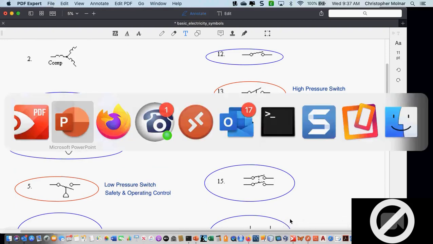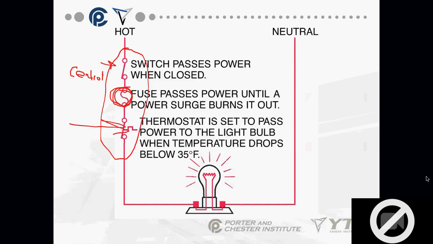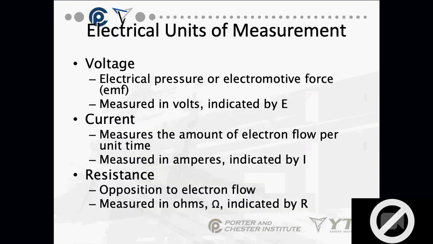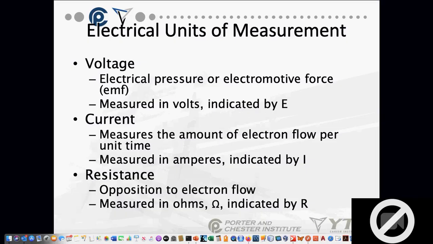Okay, back to my PowerPoint that I've scribbled all over. We have 3 electrical units of measurement that we're really concerned about. Okay, we need to worry about voltage. Voltage is also known as electromotive force.